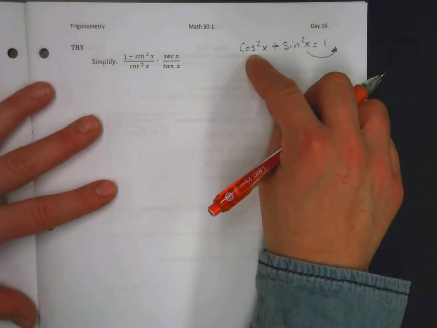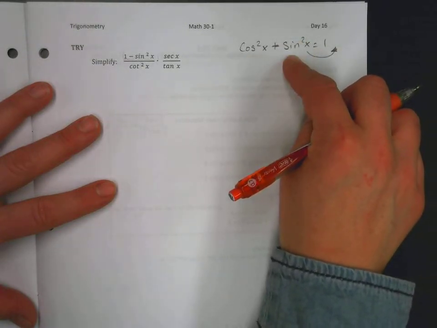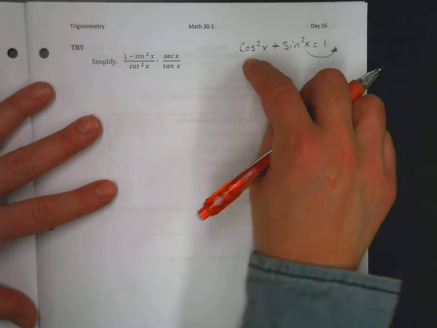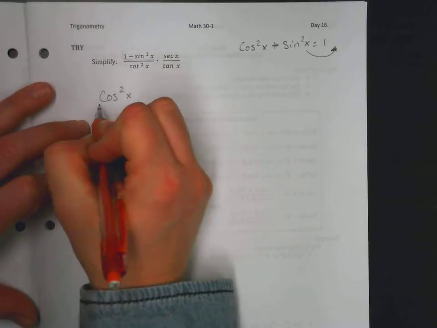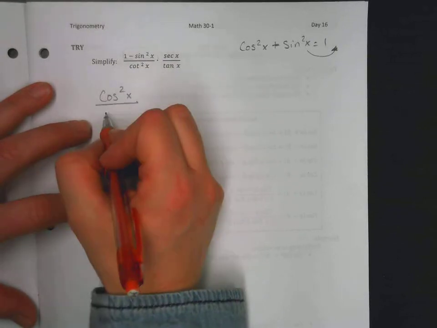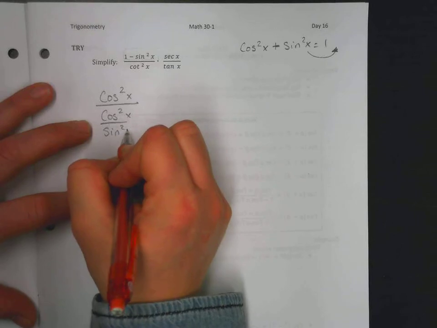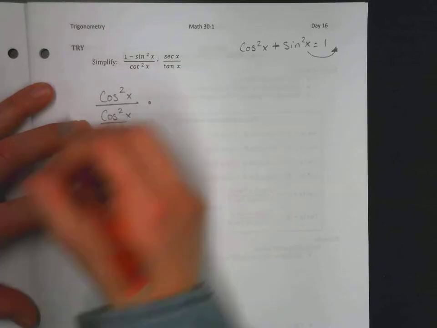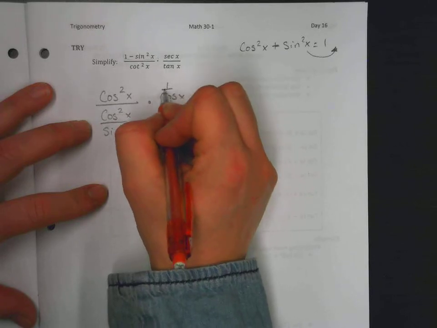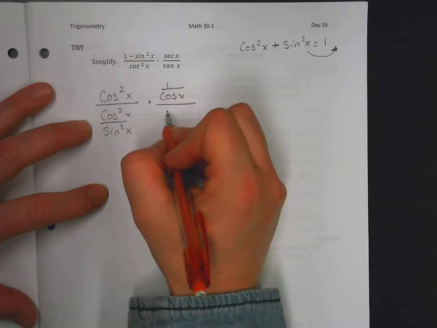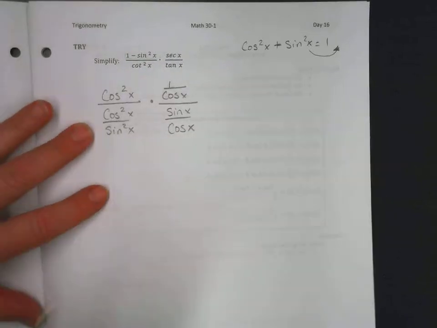I am going to replace cotangent with cos over sine, and then I'm going to multiply this by secant, which is 1 over cos, and then I want to divide that by sine over cos. Rather than multiplying these, I'm going to simplify this fraction and simplify this fraction before I actually multiply them together. So how do I divide fractions?